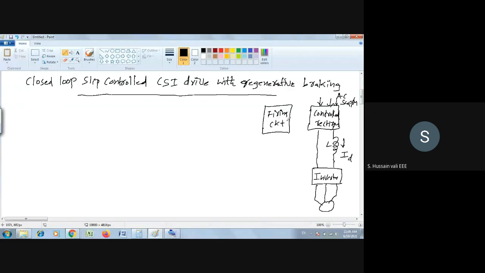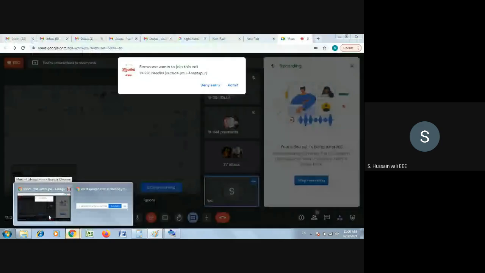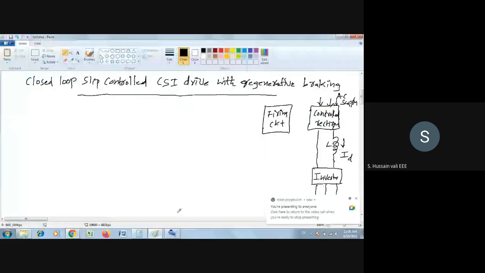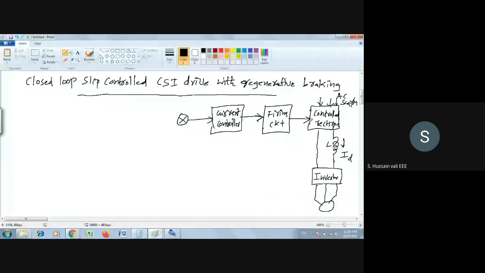We have the firing circuit here. Then we have the current controller. Now you can start here.